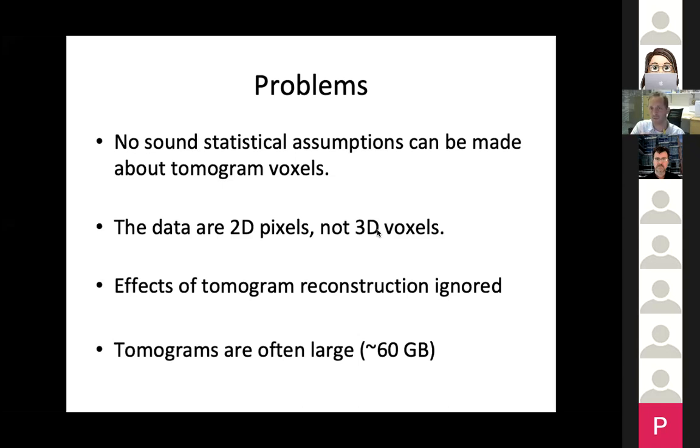The CTF really lives in the 2D tilt series images, not in this sub-tomogram 3D space. The effects of these on the reconstruction of the average were ignored. That, together with the observation that the tomograms themselves are often very large files, which are bulky to handle and just inconvenient in general.